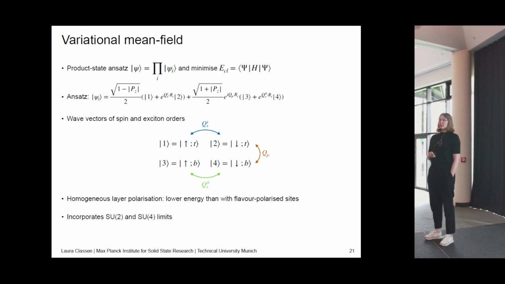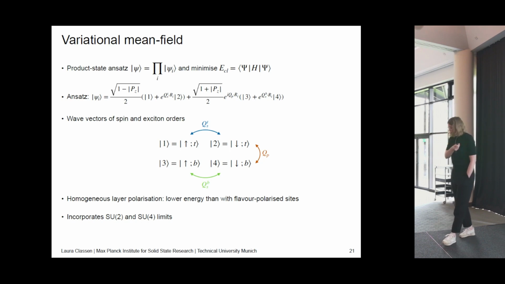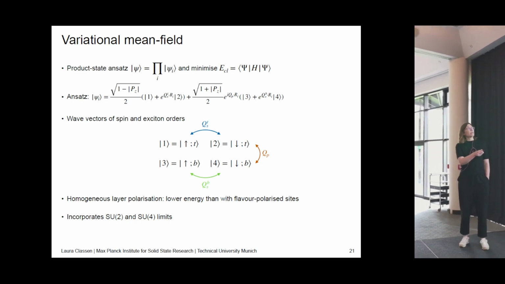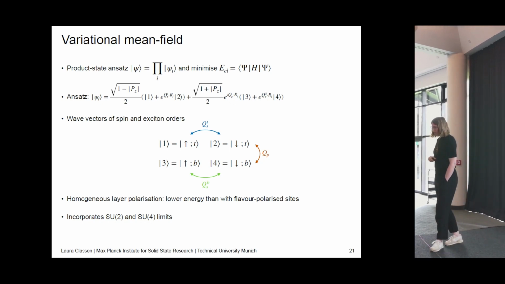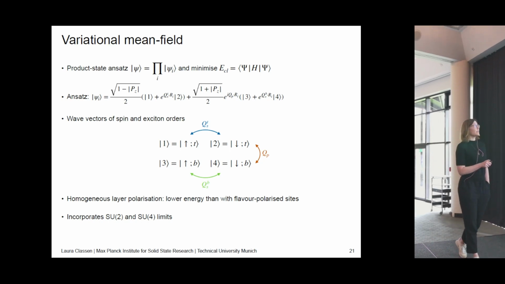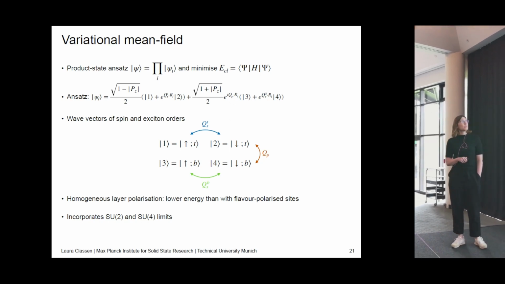As the first step, we did a mean field theory, which means we set up an ansatz state, here such a product state, and minimize the corresponding energy that we get with this state. The state we ended up choosing is this superposition of the 4 flavors on each side for a given polarization PZ.